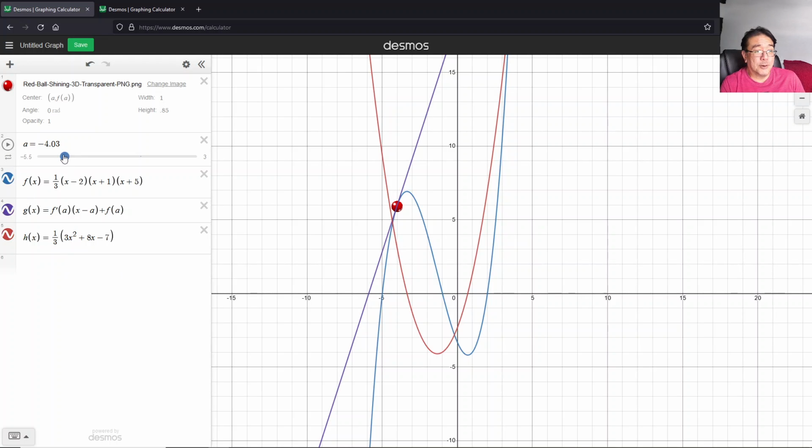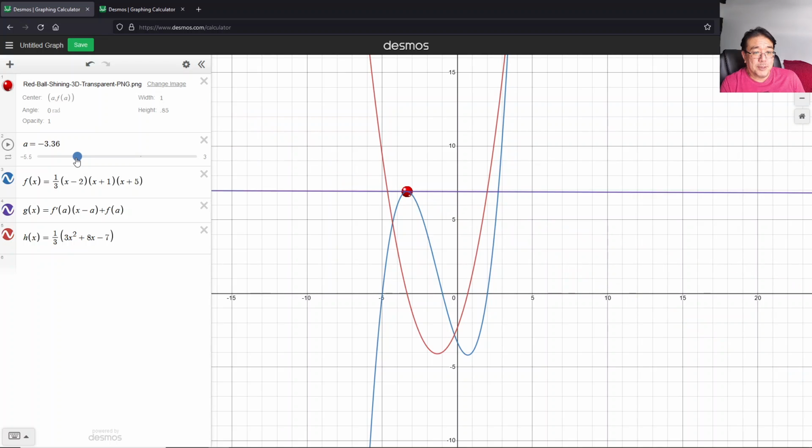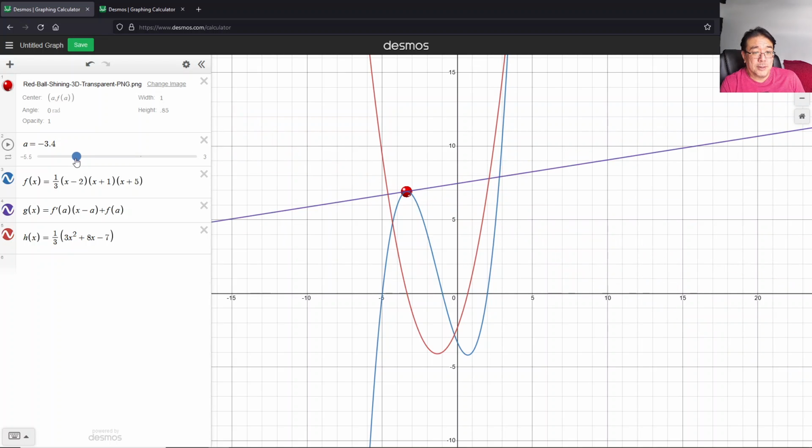But then as we go more and more, you see what happens when the graph of the derivative becomes almost horizontal. That's where the derivative crosses the x-axis, because when the derivative is 0, that's when the graph of the function has a horizontal tangent line.